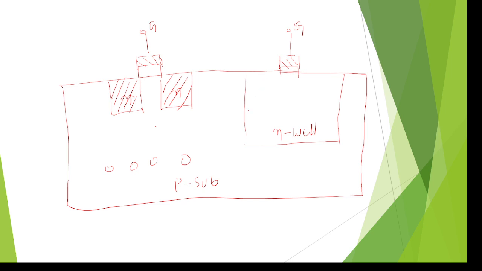On the right side again we need to diffuse holes, because it already has electrons. So only one option: we need to diffuse holes here, on the right side. Now you can see we are designing a PNP transistor. Like this we can design two transistors at a time by using the N-well process or the P-well process.